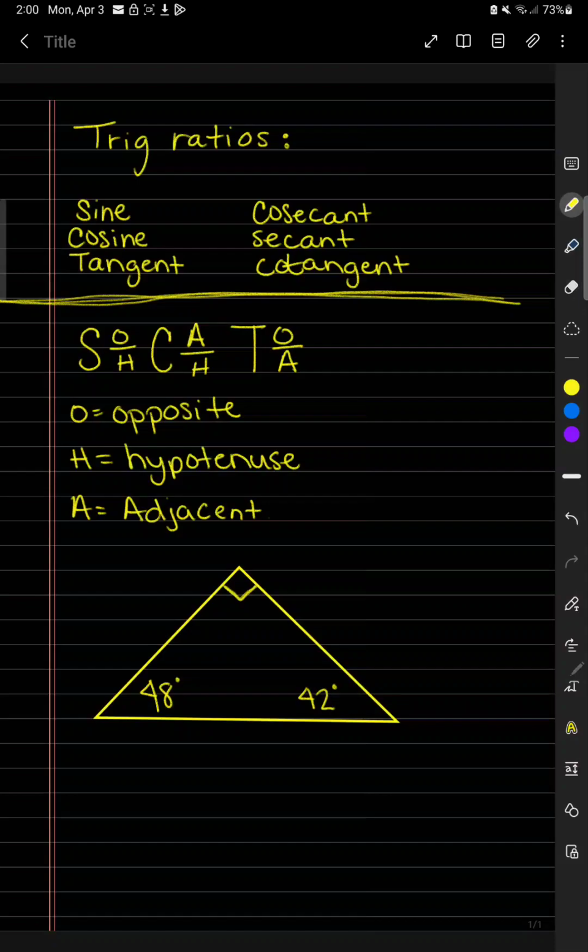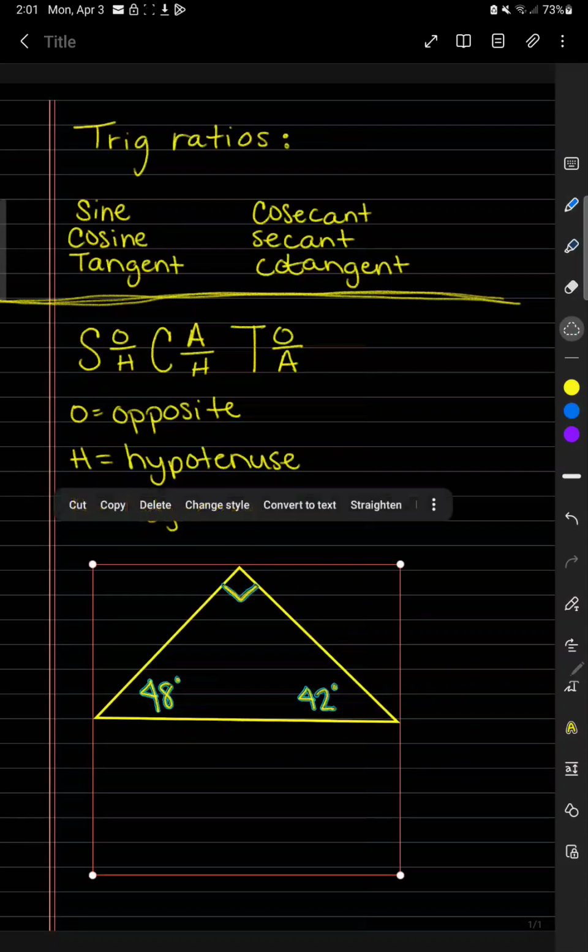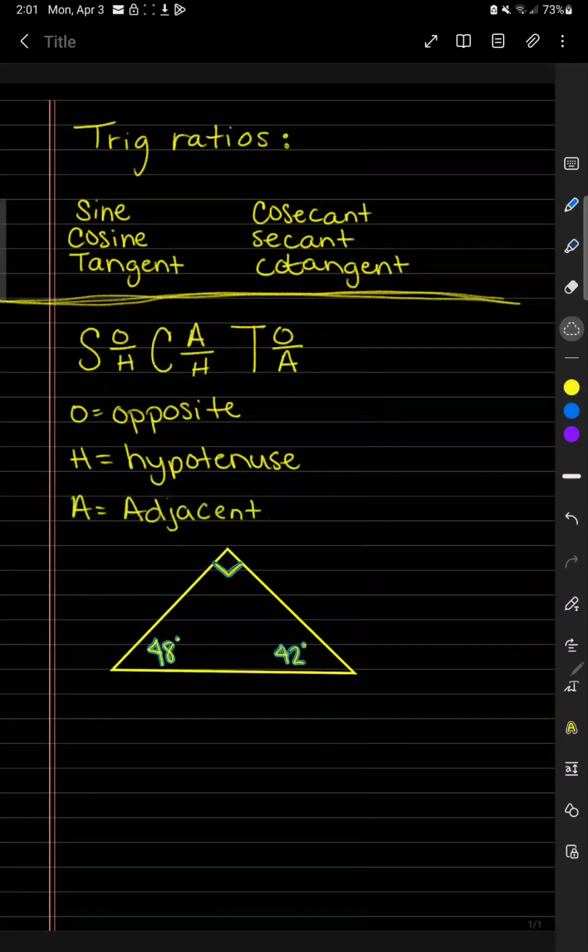I'm gonna erase. So if we have one that gives you both angles, the list will tell you which number it wants you to go off of.